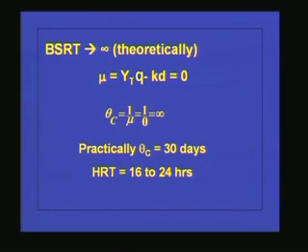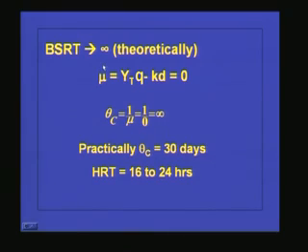Now we will see what the biological sludge retention time is in the extended aeration system. Theoretically speaking, the BSRT is infinity, because we are not wasting any sludge from the system. In the conventional activated sludge process we are wasting sludge, so we can find the BSRT, which is the total sludge divided by the daily sludge wastage.